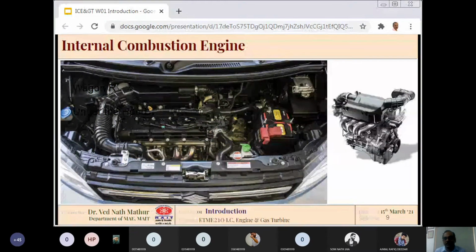Now, you can see 4 pipes. There are 4 exhaust pipes on one side, and on the other side there is an intake manifold, a single manifold, and 4 pipes. So it's a 4-cylinder engine. So there are 4 different cylinders.